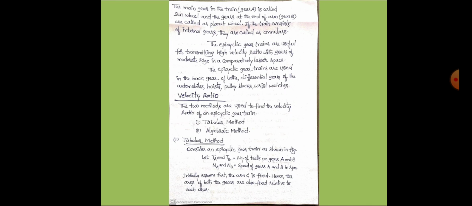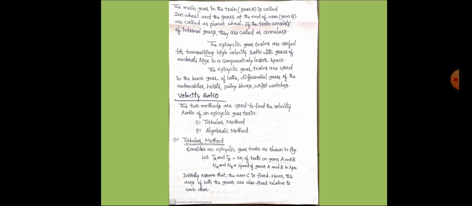Now let us go for the first method of finding a velocity ratio in case of an epicyclic gear train. First, it is the tabular method. Now, as you know, an epicyclic gear train consists of mainly two gears, gear A and gear B. Look at the figure.